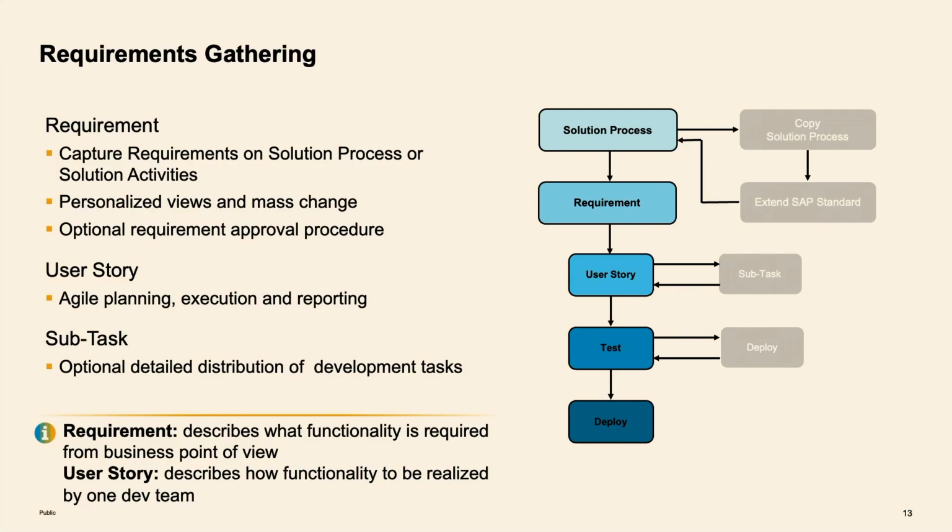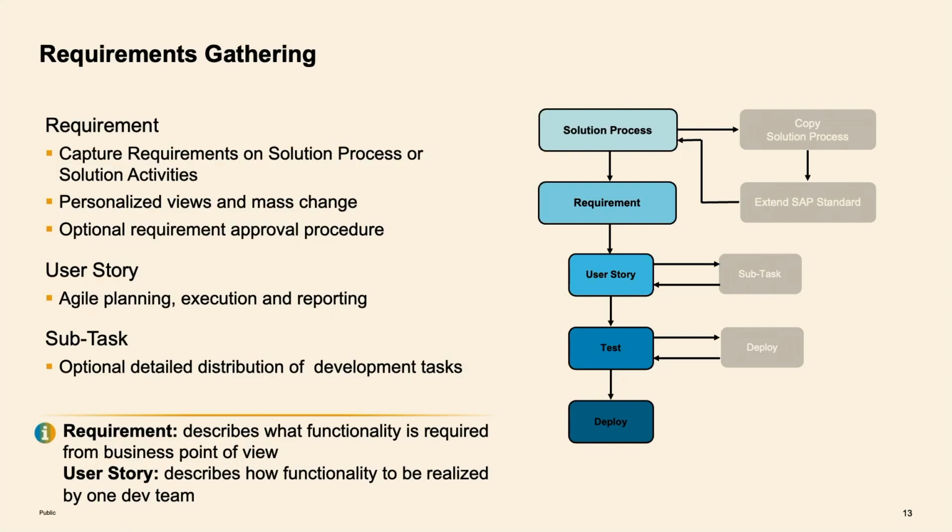Capturing requirements is important to define the real project scope. So here you select the solution process, which comes from the best practice or from the partner content, and you can then on this level capture your requirements, or you can capture the requirement directly at the solution activity level.